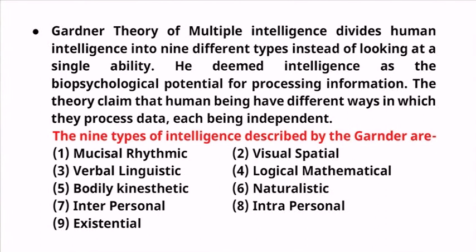The 9 types of intelligence described by Gardner are: number 1, musical rhythmic intelligence; number 2, visual spatial intelligence; number 3, verbal linguistic intelligence; number 4, logical mathematical intelligence; number 5, bodily kinesthetic intelligence; number 6, naturalistic intelligence; number 7, interpersonal intelligence; number 8, intrapersonal intelligence; and number 9, existential intelligence.